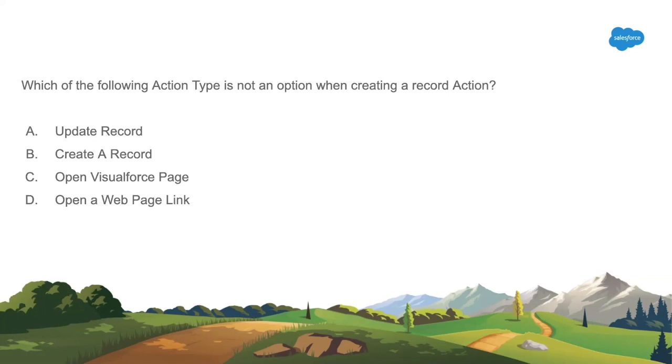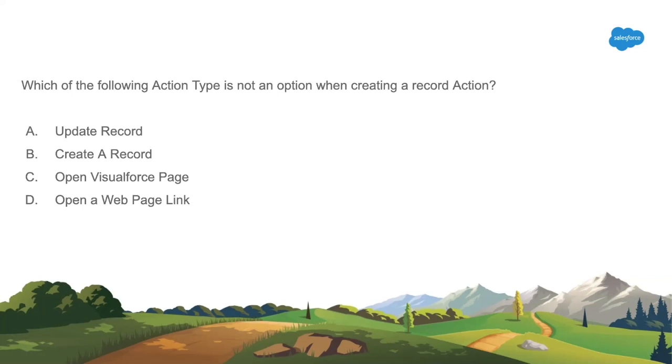For example, say we're on the account object and you're in that buttons, links, and actions section, and you're creating an action. Which of these is not available as an action type? I must have tricked everybody with this one.